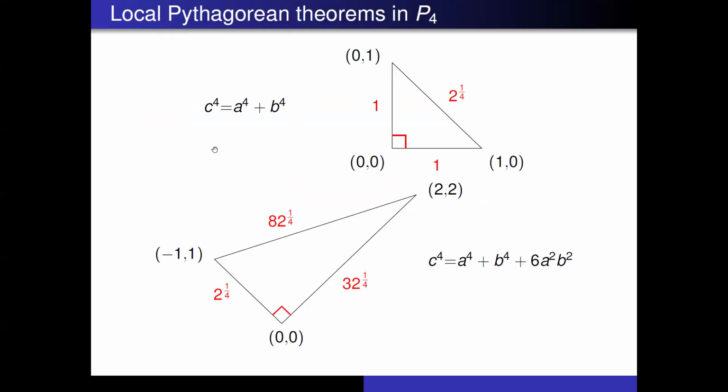So P4, the norm is the fourth root of x to the fourth plus y to the fourth, standard norm. There are two sets of right angles, those that are parallel to the axes. Those satisfy a to the fourth plus b to the fourth is c to the fourth. Then you got those that have plus and minus x for the right triangle, and they satisfy c to the fourth equals a to the fourth plus b to the fourth plus 6a squared b squared. So the Pythagorean theorem actually has two forms.